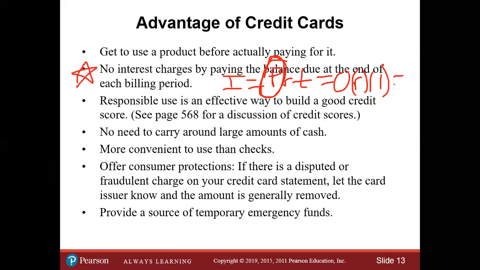Well, that is going to get you 0. So if you have nothing left owed, then you're going to have no interest. It's a good way to build good credit, and I think those are really the most important ones.